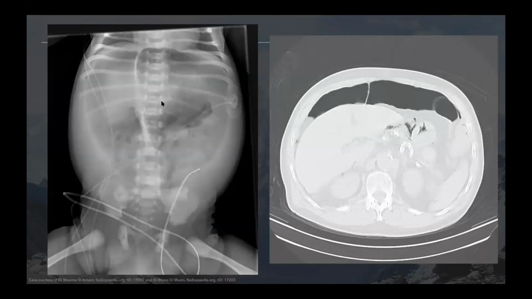Whereas this is the falciform ligament sign. So this is another premature child, probably with NEC, who is perforated. And they have this linear opacity here, which doesn't look quite right. And this is the falciform ligament. Olivia talked briefly about the silhouette sign. So the only reason you can see this now is because there's air on both sides.